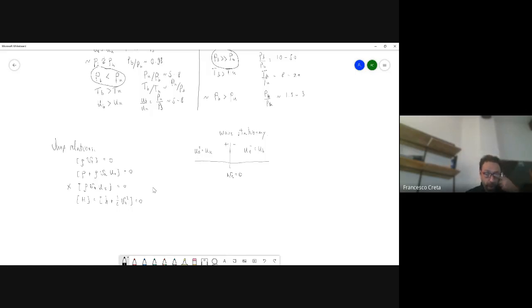Now, we also recall that Vn, by definition, is the flow velocity relative to the interface. So by definition, this is the absolute normal velocity minus the normal propagation speed of the interface, okay? Now, we can define this velocity on the plus side as well as on the minus side.